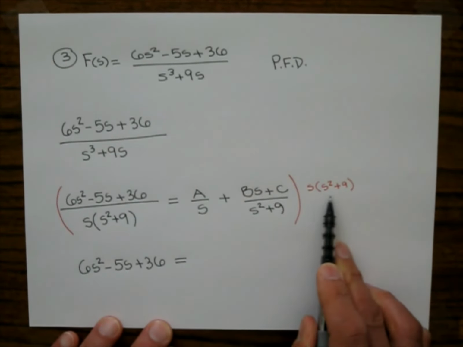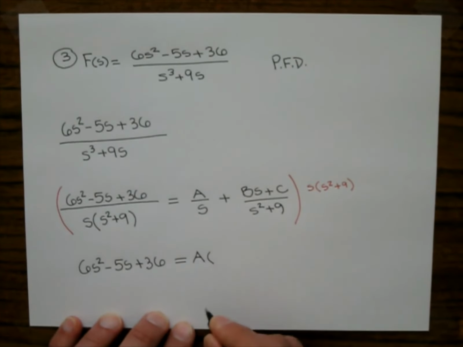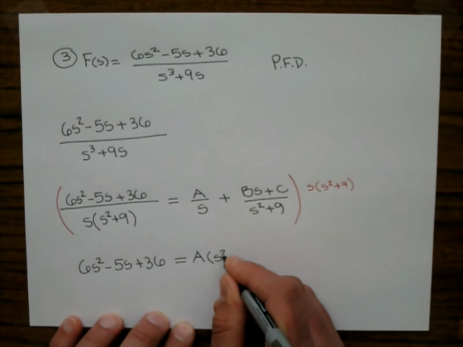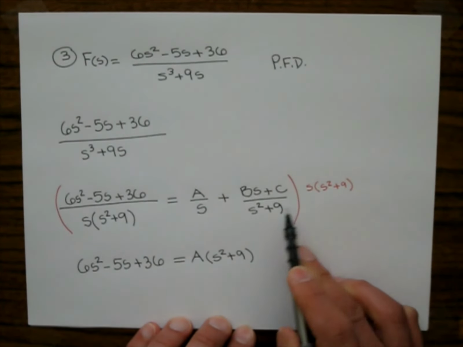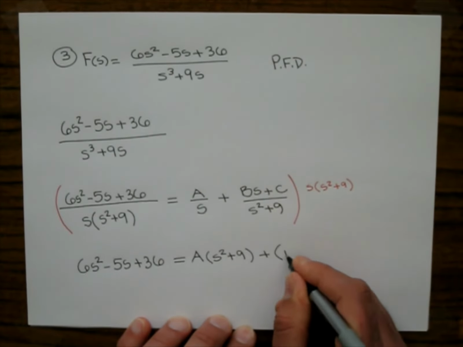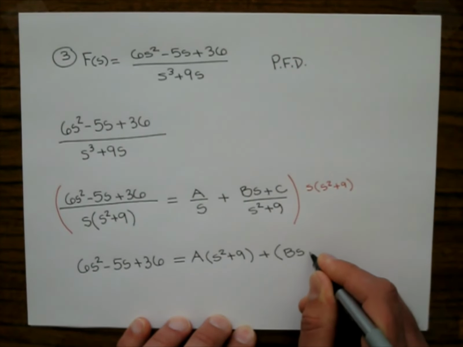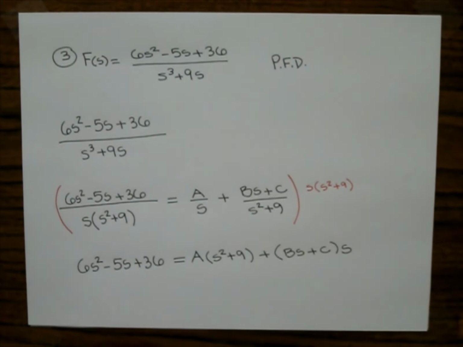When you multiply it by that red thing there, the s's are going to cancel, and you're going to get A times s squared plus 9. And then this last term, the s squared plus 9s are going to cancel, and you're going to get plus Bs plus C times s. And so that's what we have there.